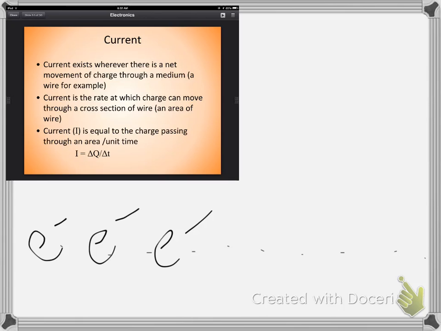They are the charge carriers, so they're the only thing that can move. Not all charge is electrons. You can have positive or negative charge, which is a loss or a gain. But anyway, charge carriers are electrons. Electrons are the only things that flow. You can't get protons to flow. Current is the rate of charge flow.